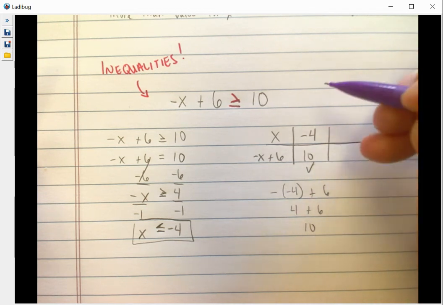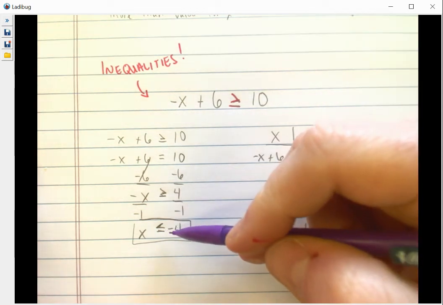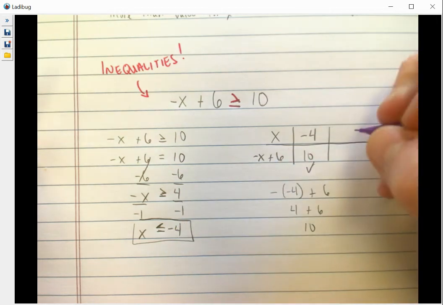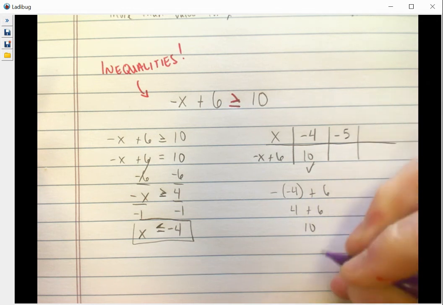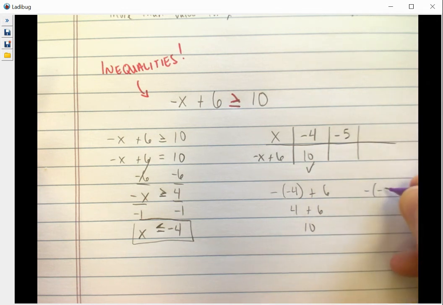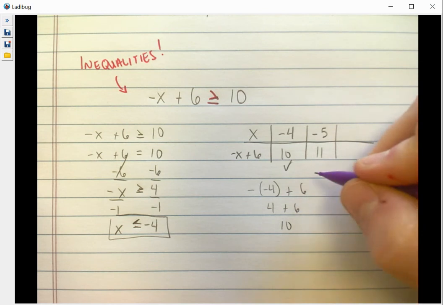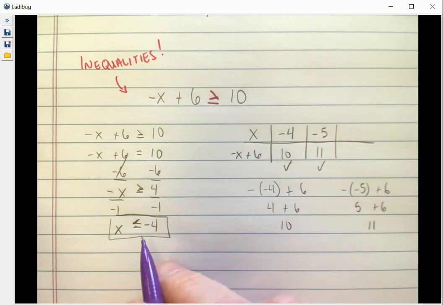If I plug in a number that is less than negative 4, something smaller like negative 5, the opposite of negative 5 is 5, plus 6 is 11. That's true. It's greater than or equal to 10.